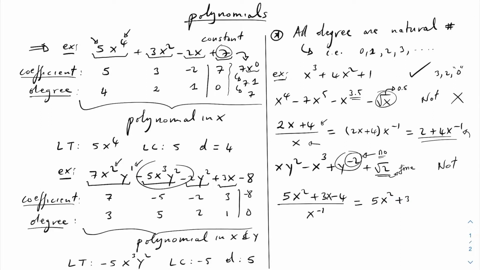And so if you multiply these two, you're going to have 5x to the power of 3 plus 3x squared minus 4x. And so this is a nice looking polynomial. So we're done here. This is a very nice standard form. All the powers here, 3, 2, and 1, are all natural numbers, so there's nothing to worry about.